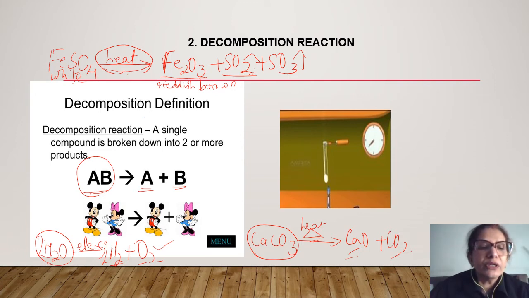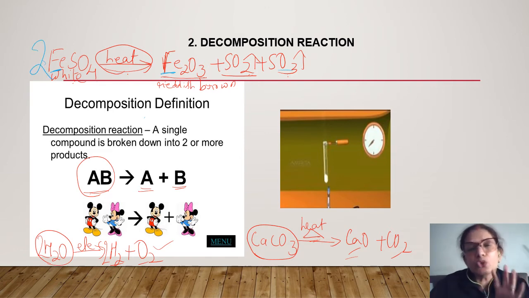So ferrous sulfate, on the reactant side we have 1, and on the product side we have 2 irons. So shall we put a 2 here first? Now see students, as I've told you, in case you are very confident, you can directly balance the equation. If still you feel that you need to practice some more, then draw boxes, no issues, no problems. Draw boxes, balance, but definitely balance the equation. So 2 irons, and now we have 2 irons here.